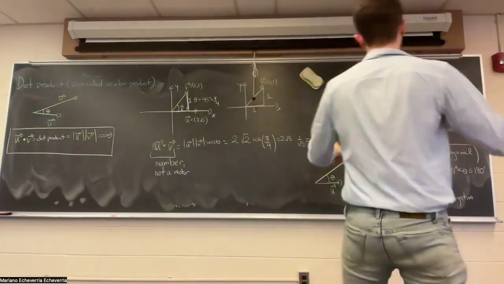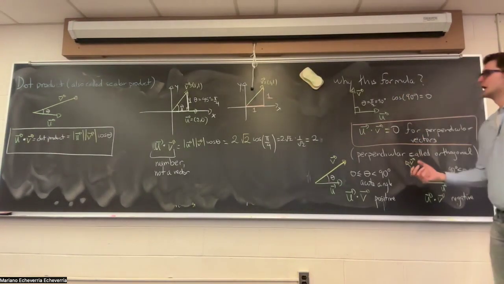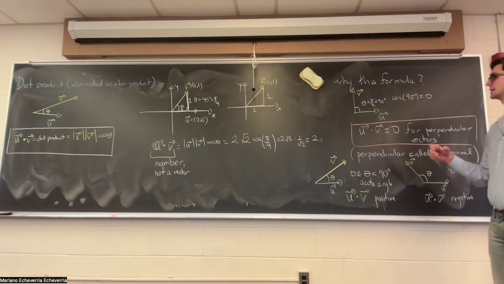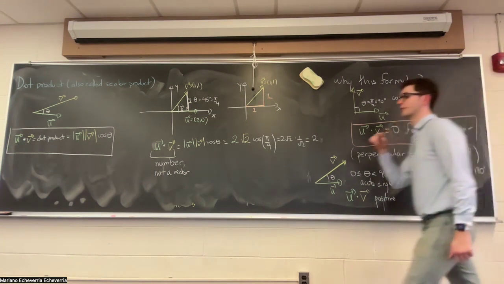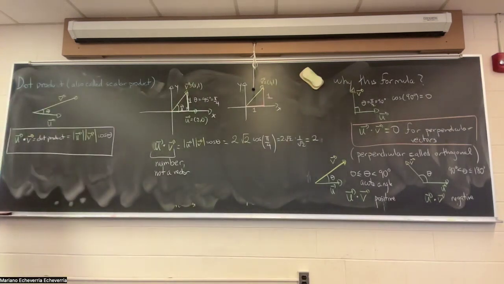Okay, so this is the first reason why the dot product matters, and the other reason why it matters is it's also an extreme case, which is what happens if you do the dot product of a vector with itself. So actually, I don't think I need the display anymore.